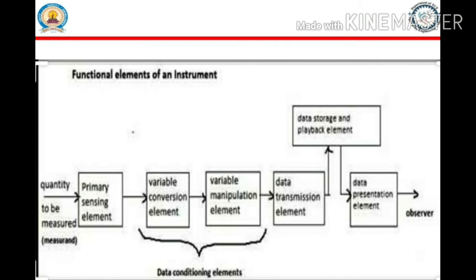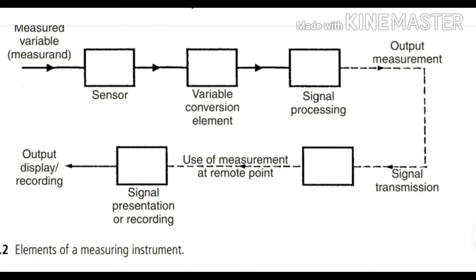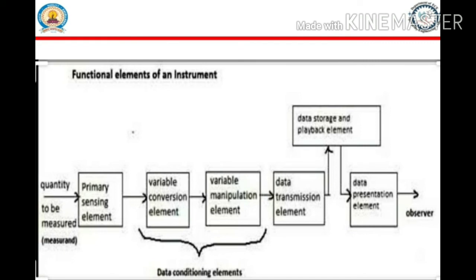Examples from electronics are amplification, attenuation and filtering. Many others, as per your application and requirements, you can choose from different electronics or electrical operations here. After this intermediate stage, the pre-processed variable or signal is sent to the last stage, that is the output stage.